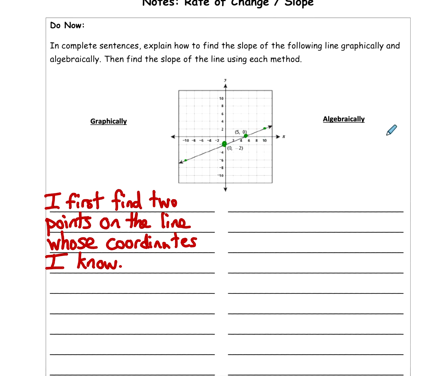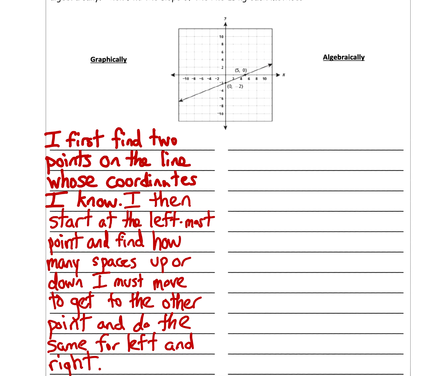It just makes it easier for me. So we're going to want to start at the leftmost point, so that would be 0, -2, and find out how many spaces up or down we have to go.